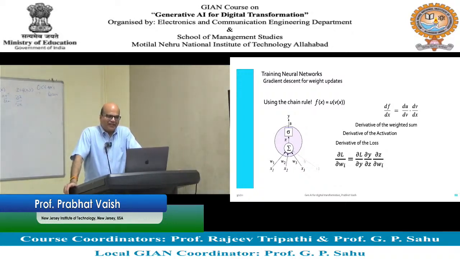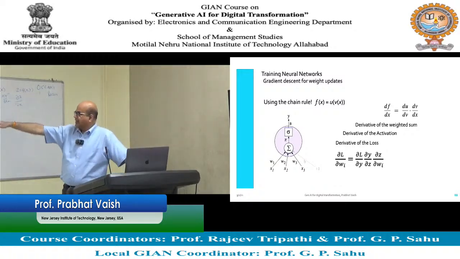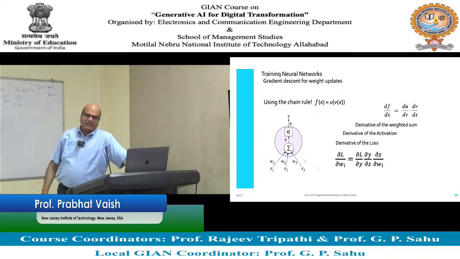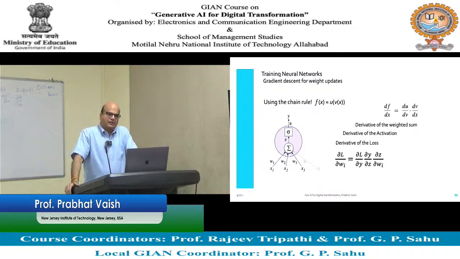At each layer, you're calculating partial derivatives of each of these things: the weights, the loss, and then the activation function, which is the output of the prior layer. So far so good? Okay.